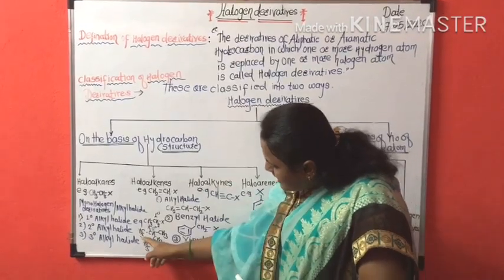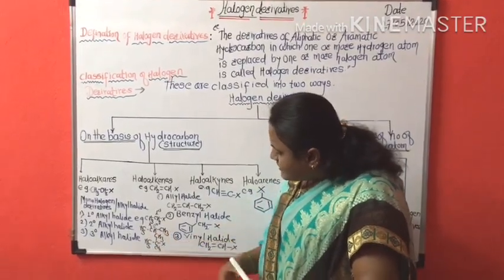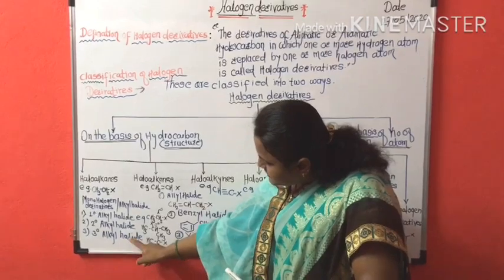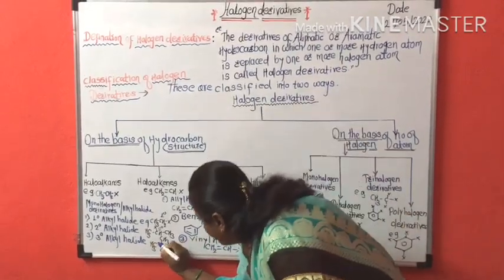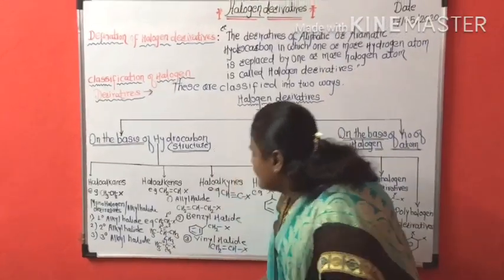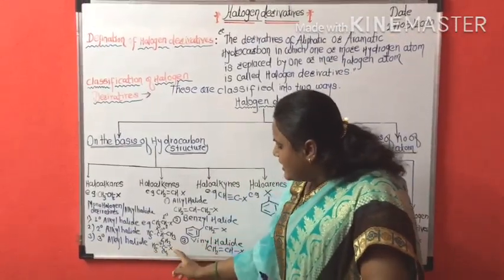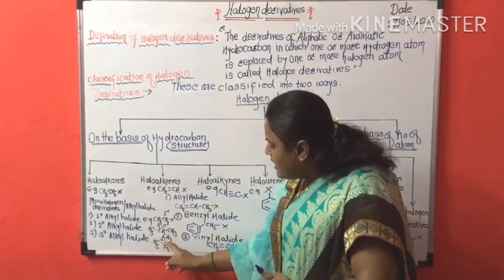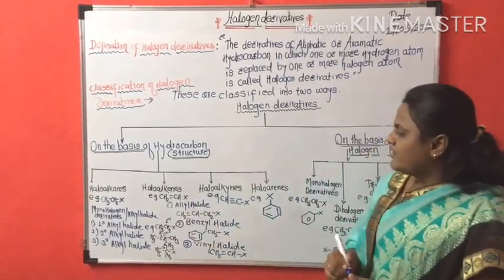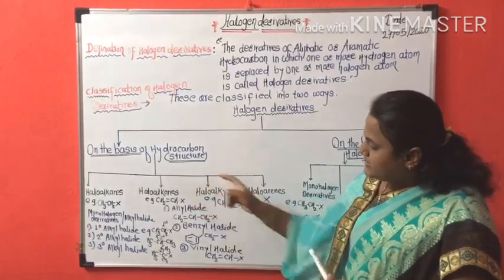For example, isopropyl halide. And the third one is tertiary alkyl halide. In tertiary alkyl halide, the halogen atom is attached to the carbon atom which is attached to three other carbon atoms.